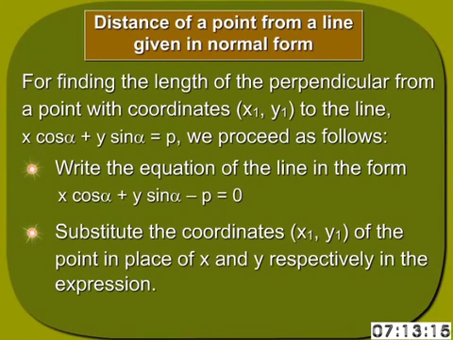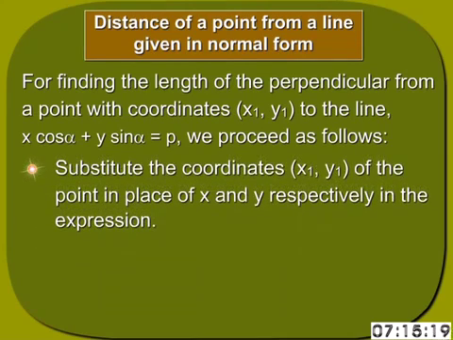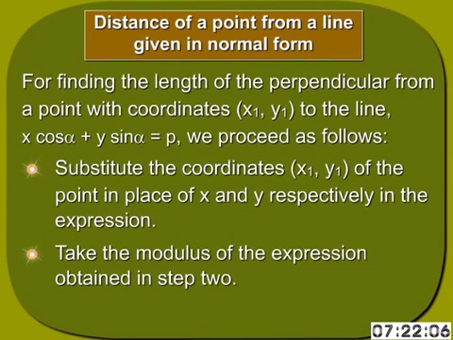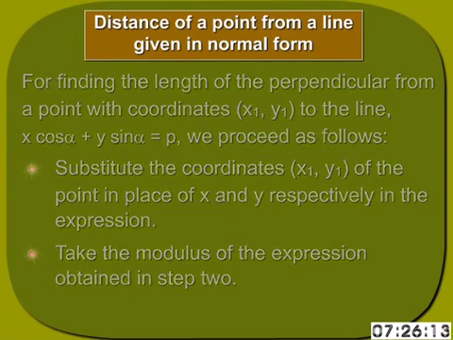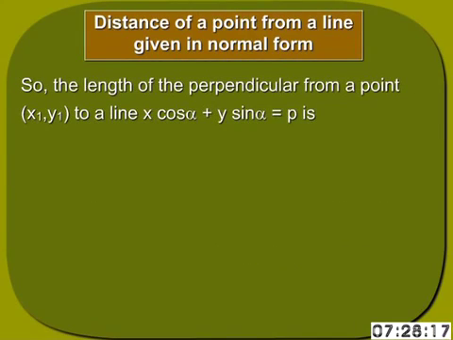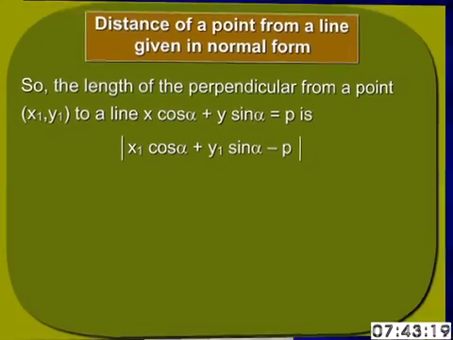Second, substitute the coordinates x1 and y1 of the point in place of x and y respectively in the expression. Third, take the modulus of the expression obtained in step 2. The length of the perpendicular from a point with coordinates x1, y1 to a line x cos alpha plus y sin alpha equal to p is modulus of x1 cos alpha plus y1 sin alpha minus p.